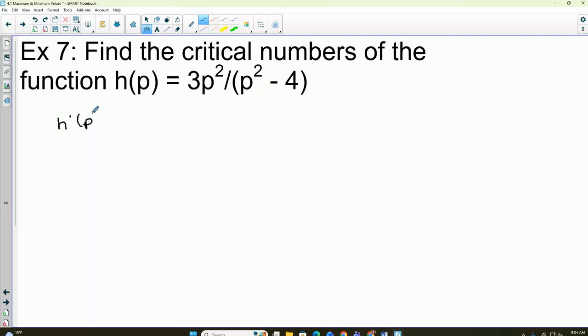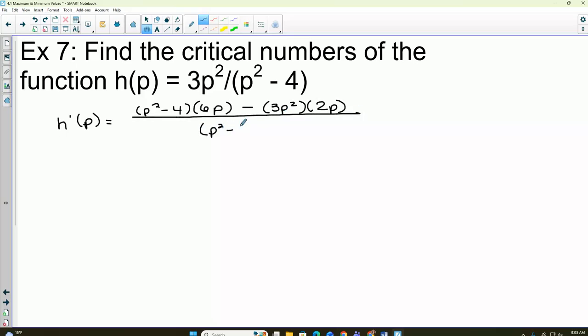First, the quotient rule: low d high, derivative of the top, minus high d low, derivative of the bottom, over low squared.